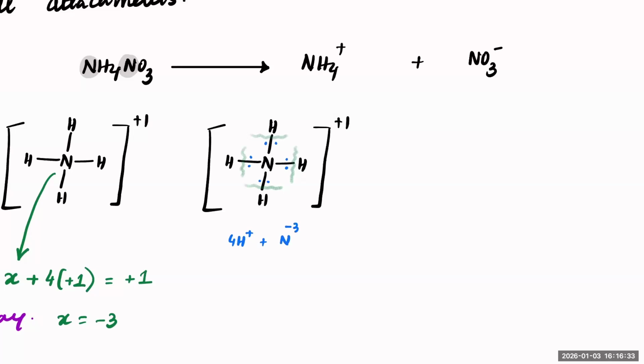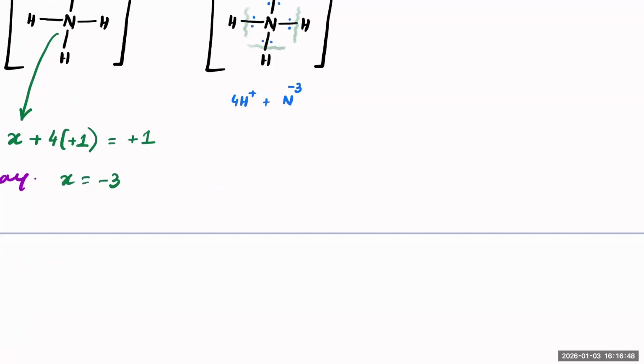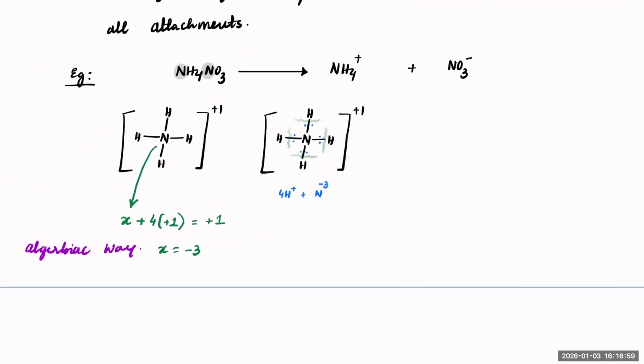So that's why we write it as -3. Does that make sense? Yes. Right. So we say now the oxidation state on nitrogen is -3 and oxidation state on hydrogen is +1.